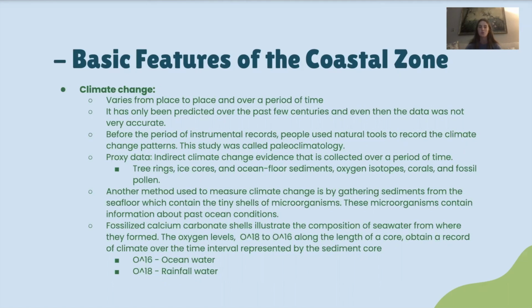These include tree rings, ice cores, ocean floor sediments, oxygen isotopes, coral, and fossil pollen. You use these and you can measure the period of time that the weather was at that specific time.